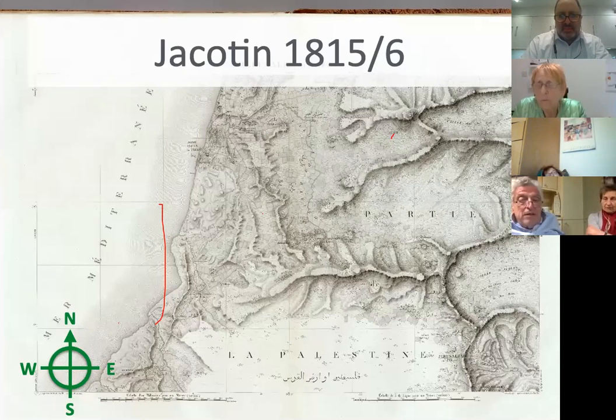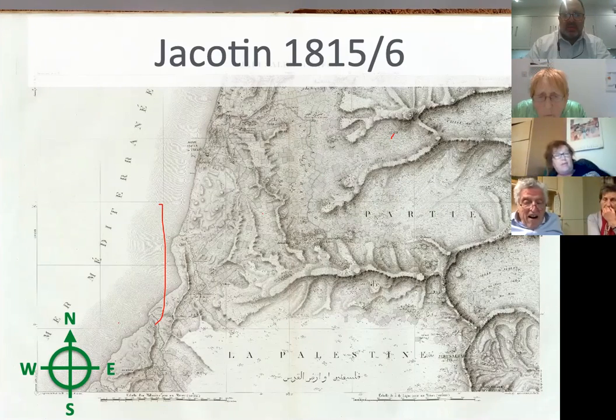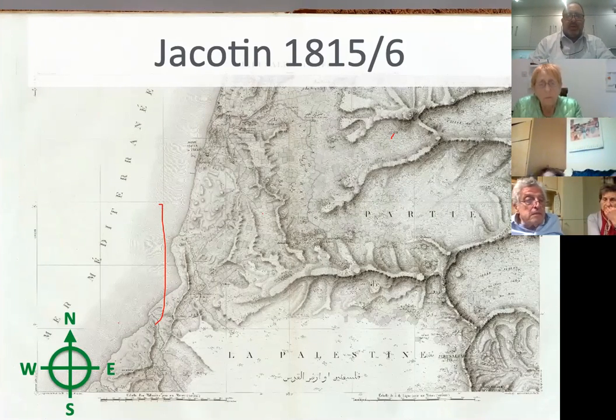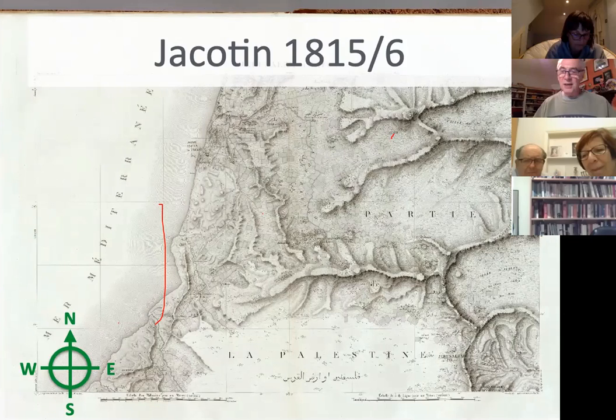The level of detail on these maps surpasses anything previously produced. And these were, for the next 50 years, the definitive maps of the region. And given the political events and the changes of control and power in this region in the 19th century, these maps are incredibly important.